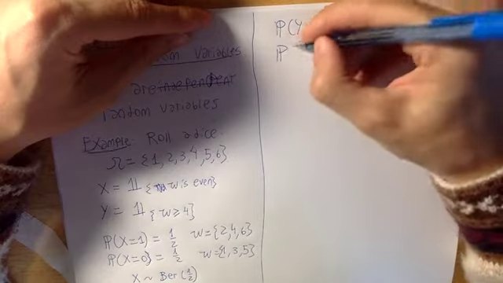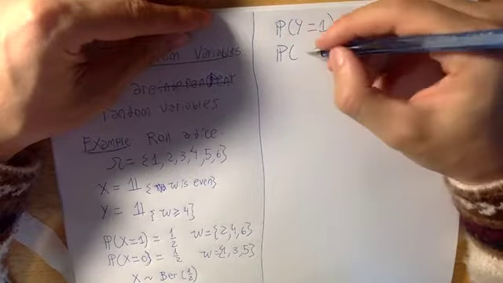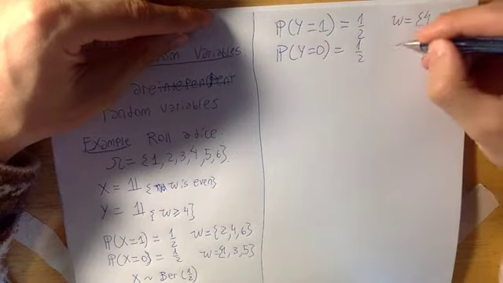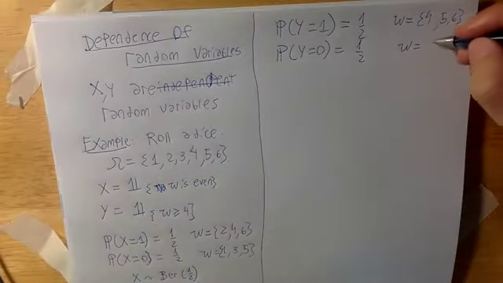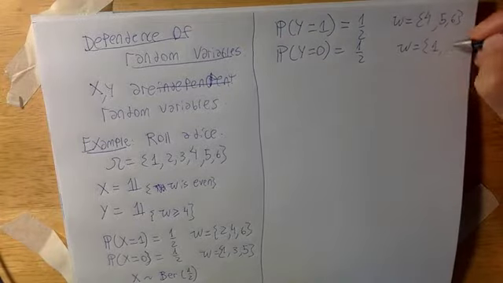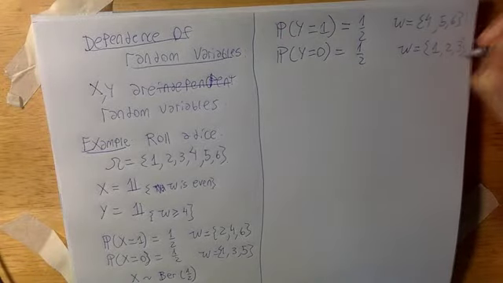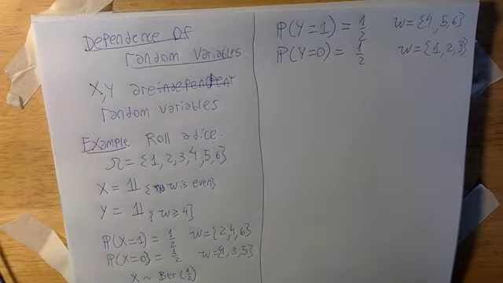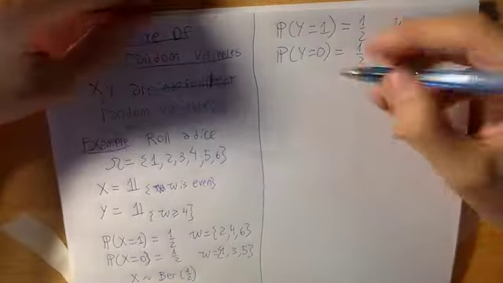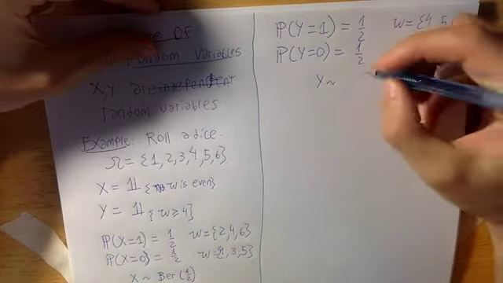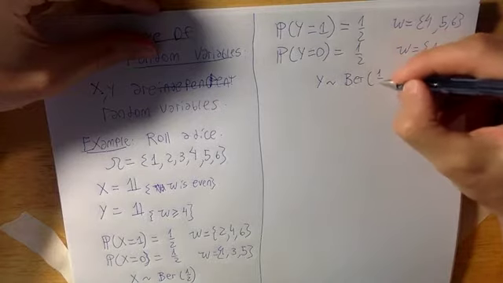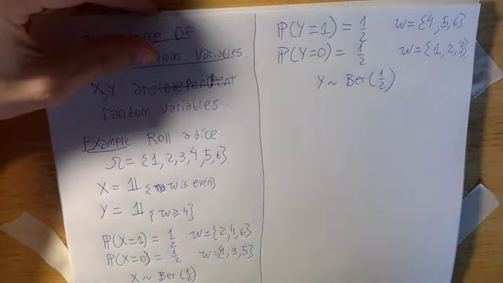And the probability that Y is equal to 0 is also equal to 1/2, and this is omega equals 1, 2, and 3. Again, this Y is distributed as a Bernoulli random variable with parameter 1/2.